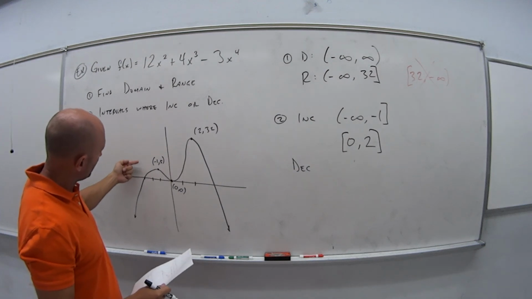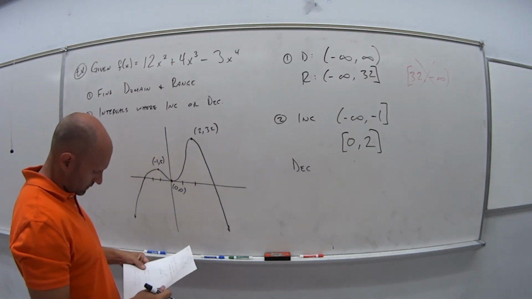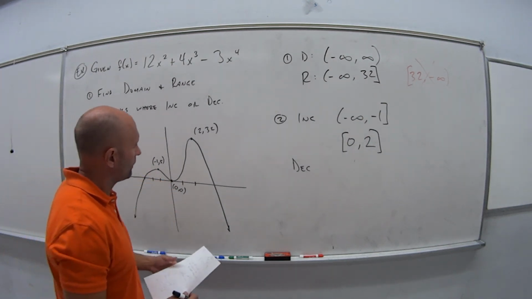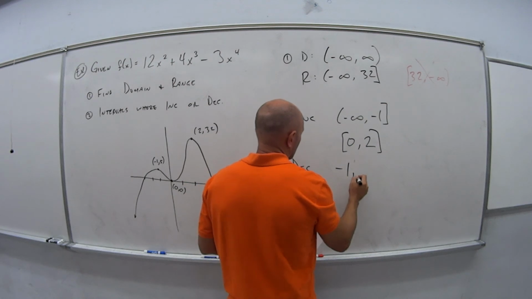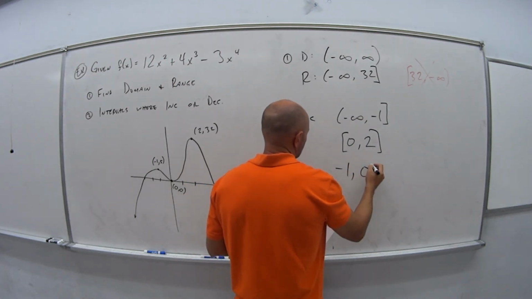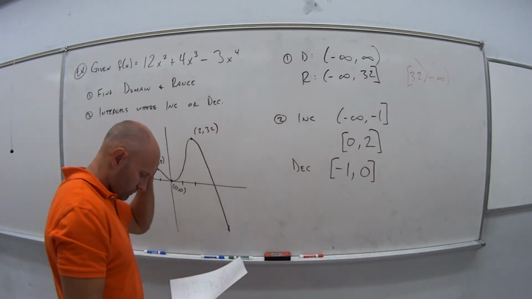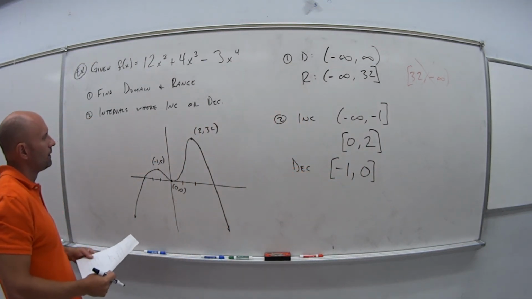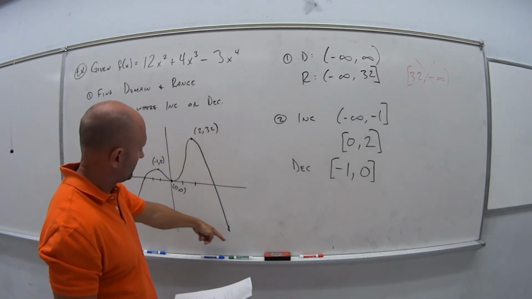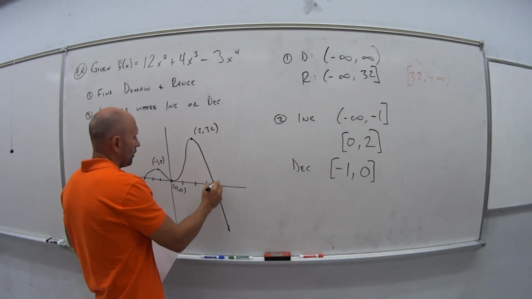How about decreasing? Well, it's from where I hit -1, so -1 down to 0. And then from 2 out to +infinity, because I'm looking at all the x values.